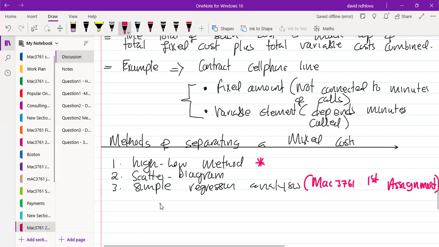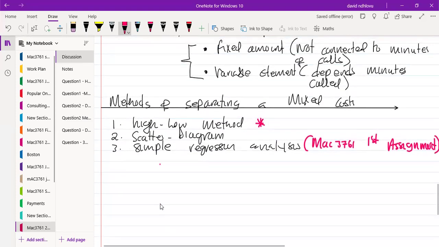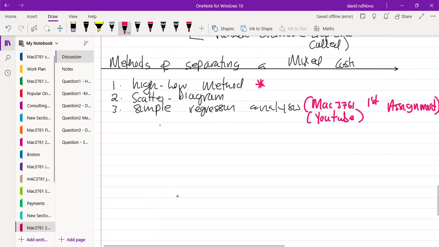So in your first assessment, you probably do simple regression analysis. Right, however, that one, I think what I'll do is I'll upload something on my YouTube channel. You can check that out. You only deal with it in an assignment style question. Chances are you may or may not get it. So you check it out on YouTube. So what is important here is the high-low method. So let's look at that.